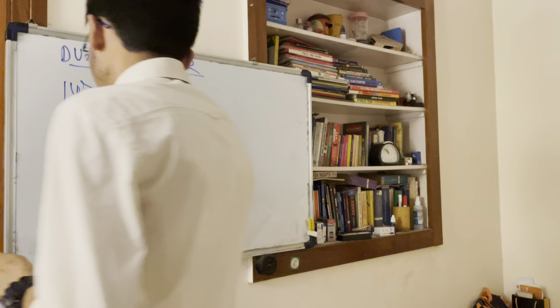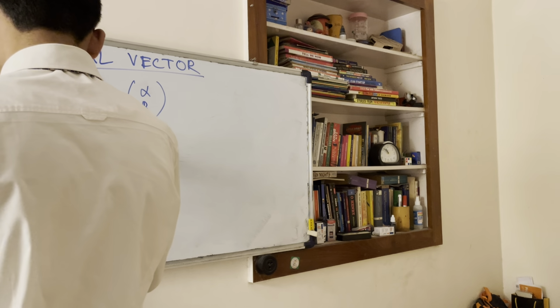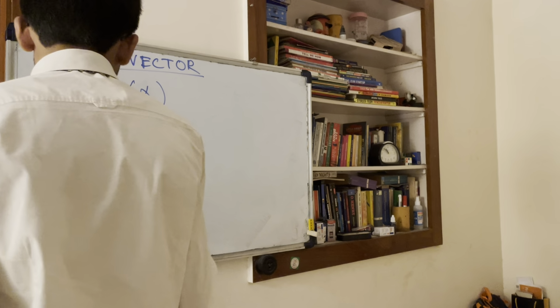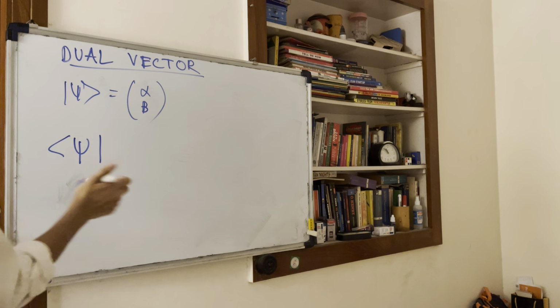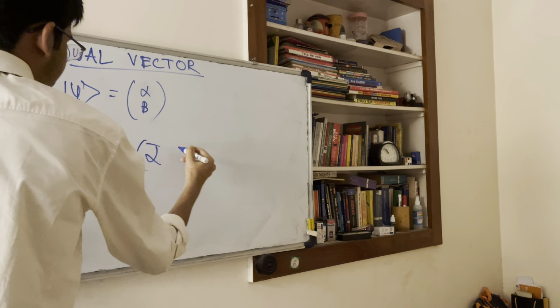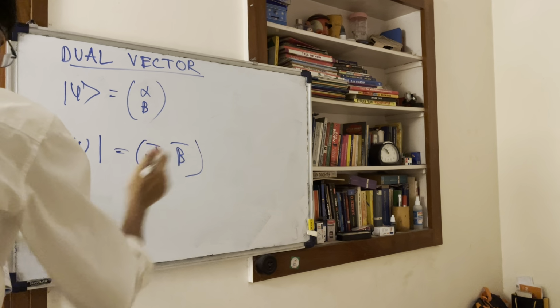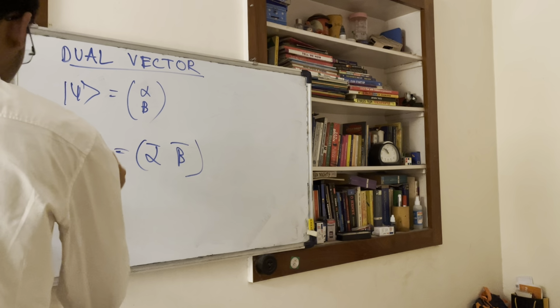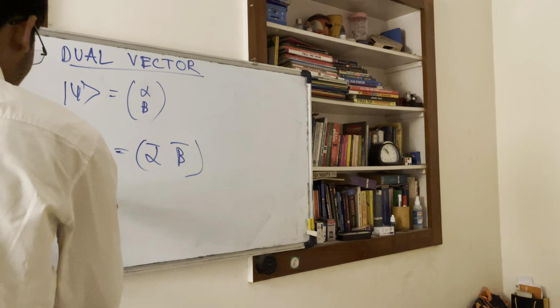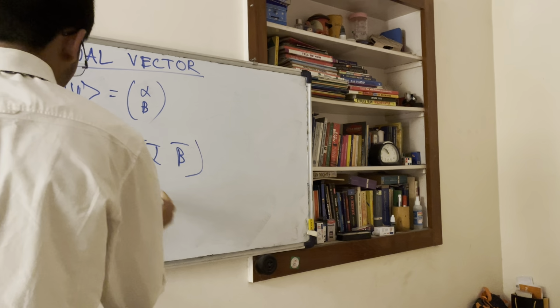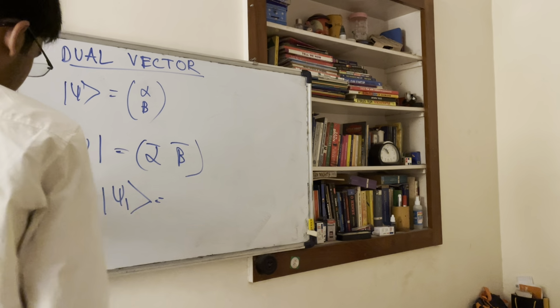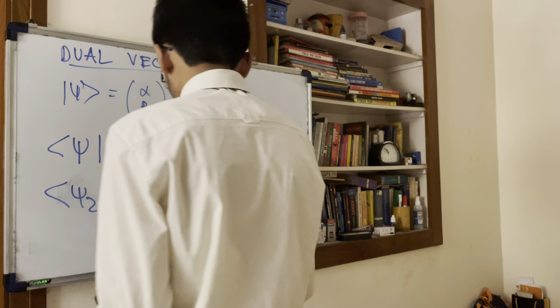So this will be the other part: alpha conjugate, beta conjugate. When we write it together, it becomes a bracket. So if we take psi 2 and psi 1, this becomes a bracket.